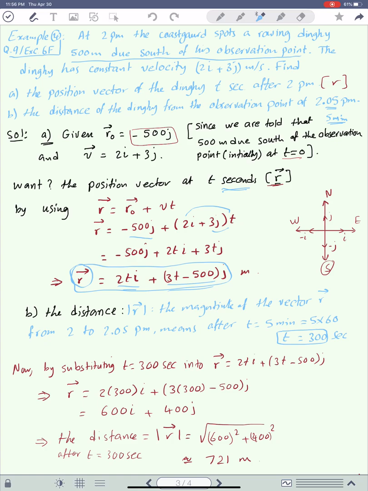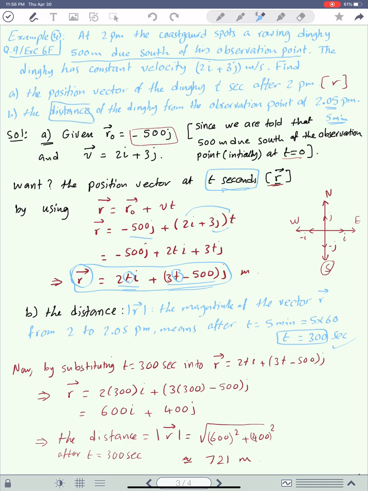Since he told us in the first part in seconds, so we convert the 5 minutes into seconds, you will get 300 seconds. Now by replacing 300 seconds as the value of t in the position vector, which stands for the displacement, the magnitude of R gives us the distance.